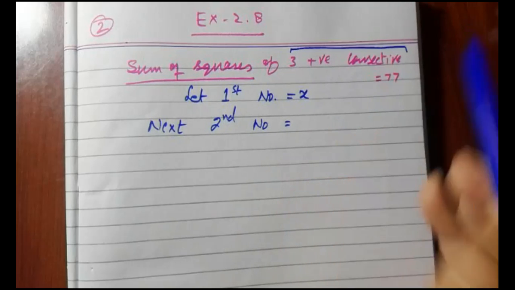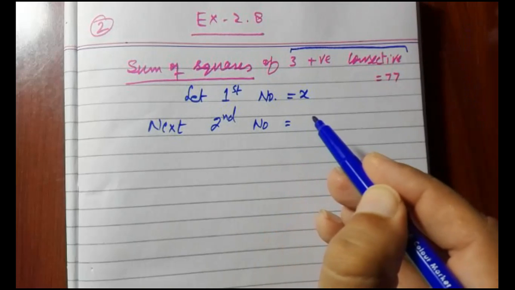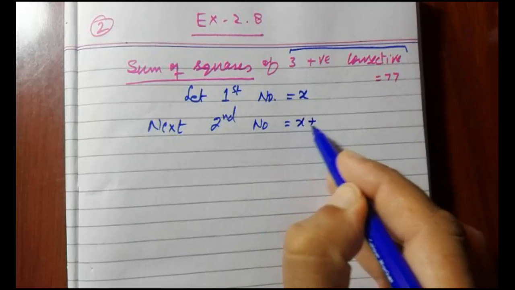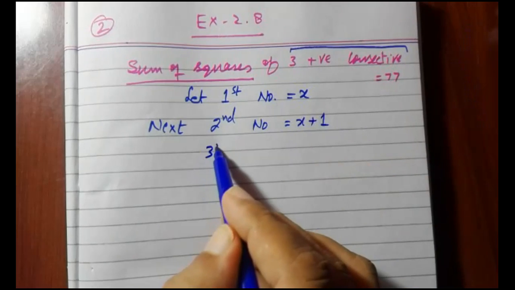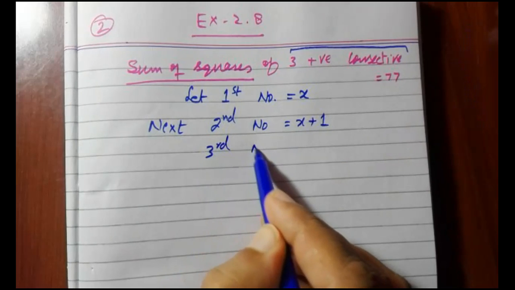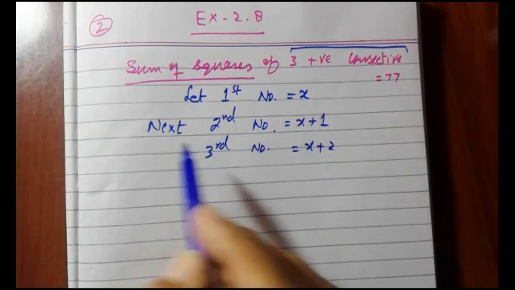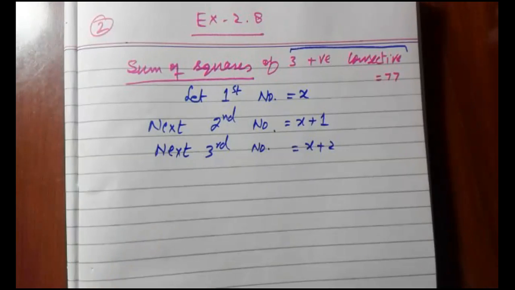So I have to write all those assumed numbers. The first number is x, then the next will be x plus 1. And then we will write the third number. Obviously that will be x plus 2, the third consecutive number.